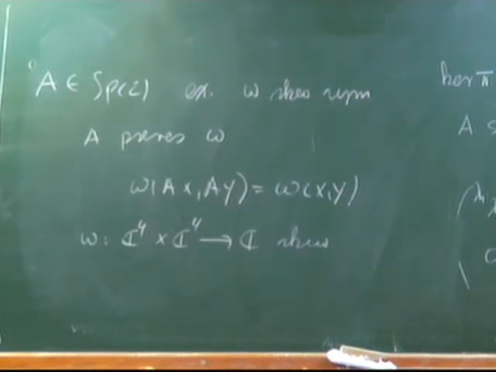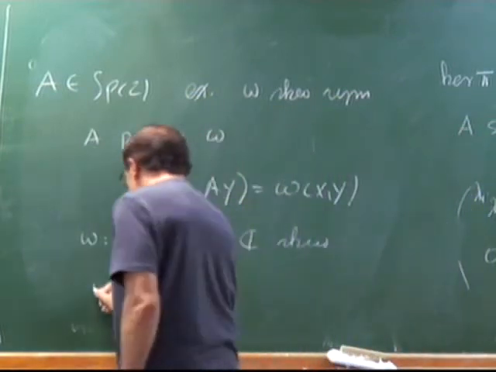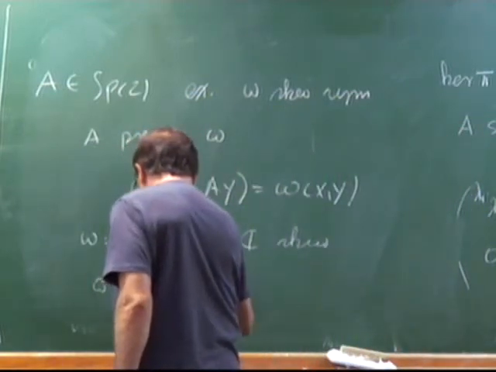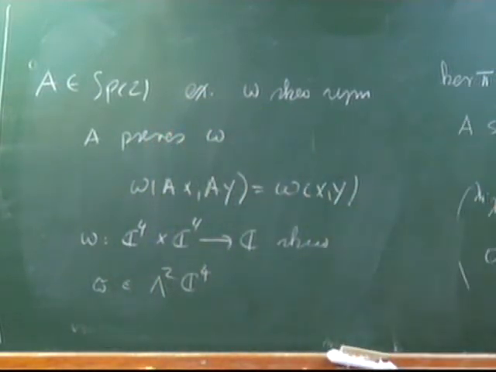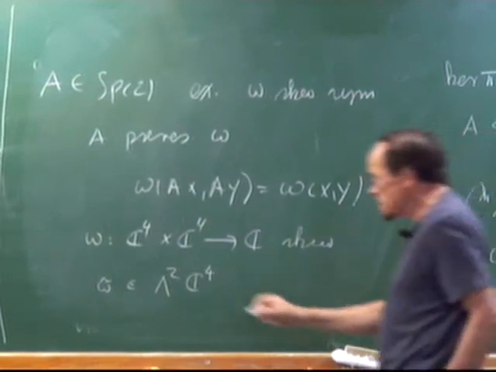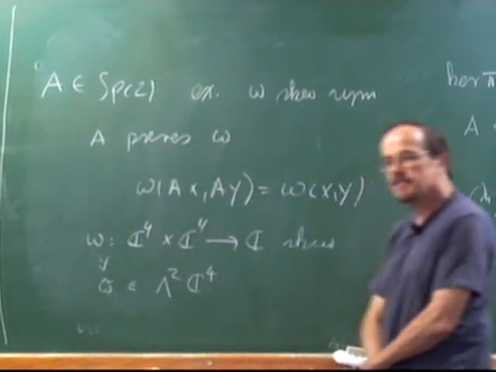There's another way of looking at that, a skew symmetric 2-form on a vector space in general. If you have a skew symmetric bilinear form on the vector space, you can regard it as an element of lambda 2. So I claim this means that omega is an element of lambda 2 of C4. How does that go again? How do I go from omega to something like this?